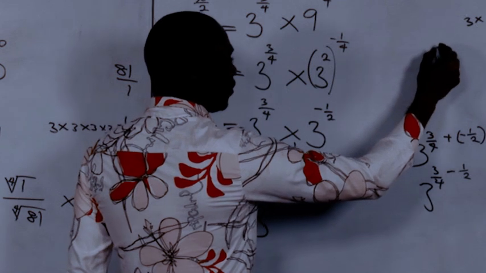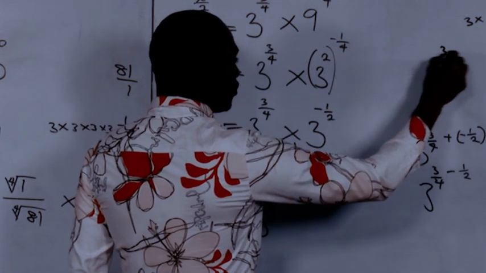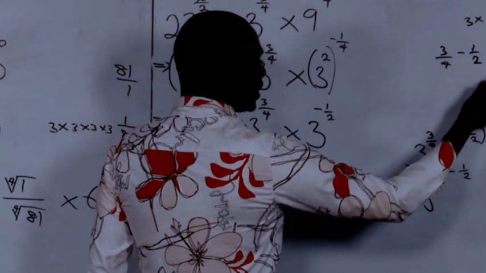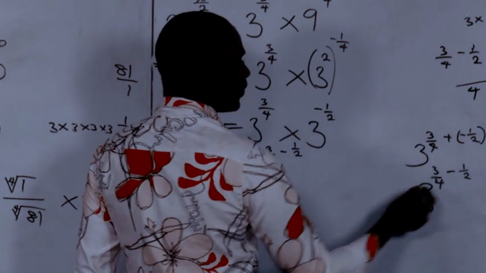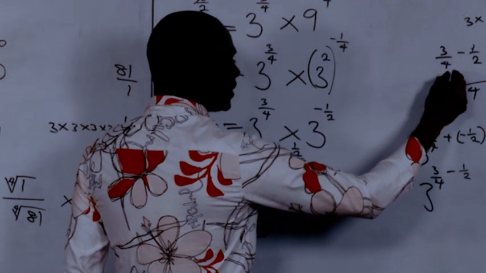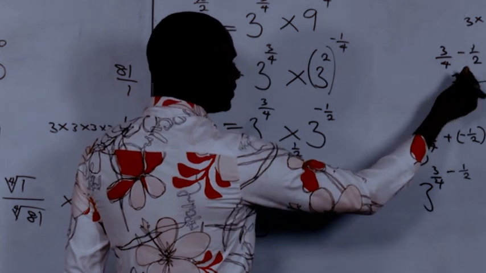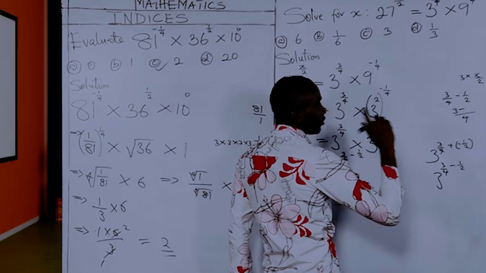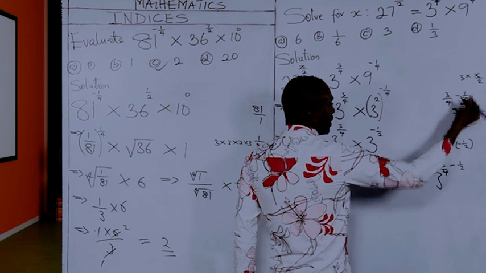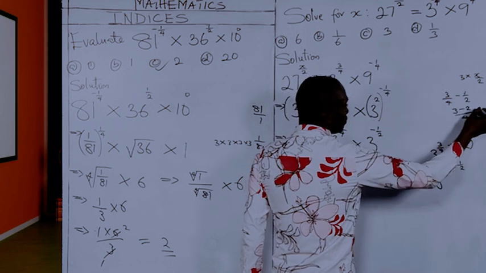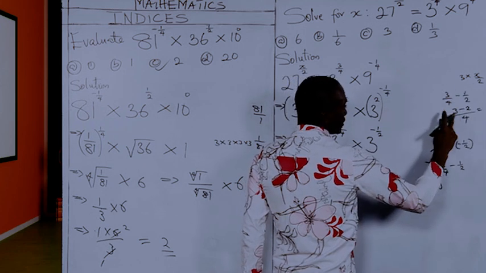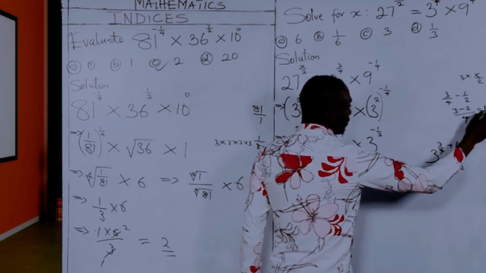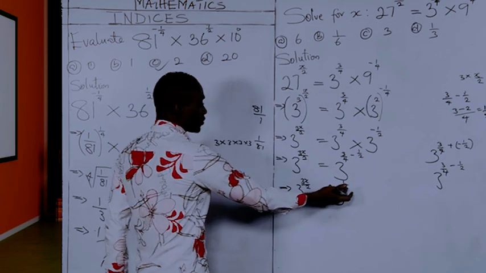We have 3 over 4 minus 1 over 2. The LCM is what? 4. 4 in 4, 1. 1 multiplied by 3 is 3. This is the negative operation. 2 in 4, 2. 2 multiplied by 1 is 2. And 3 minus 2 is 1. We have 1 over 4, which is what we have here.